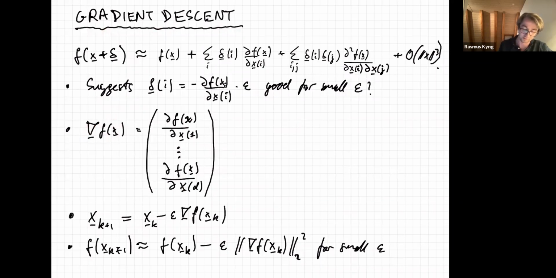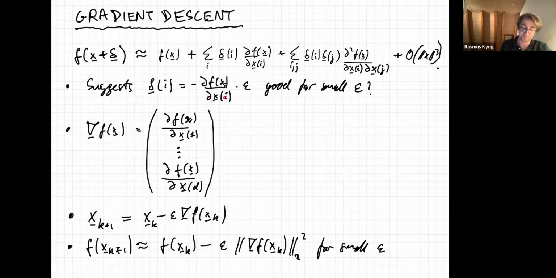This is that gradient. And so if we recap with that notation, what this says is that we should take our next solution, x_{k+1}, to be the current solution x_k minus some small epsilon times the gradient at the current point. But also up here, it should be pretty clear that there's lots of other things we could do, right?